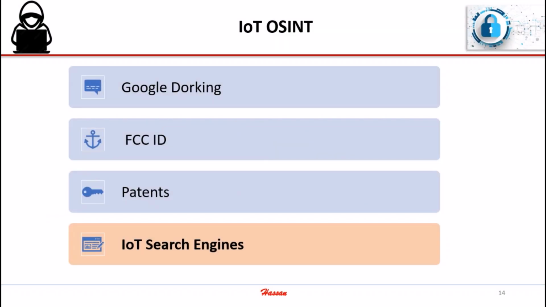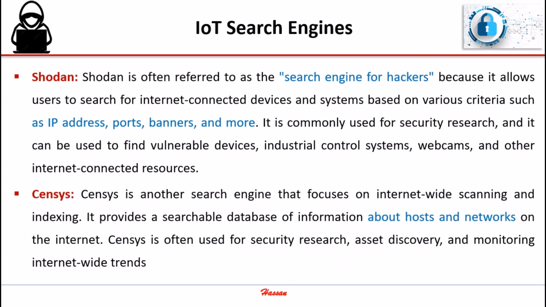Now let us look at some IoT search engines. Shodan is often referred to as the search engine for hackers because it allows users to search for internet-connected devices and systems based on various criteria such as IP address, ports, banners, and more. It is commonly used for security research, and it can be used to find vulnerable devices, industrial control systems, webcams, and other internet-connected resources.